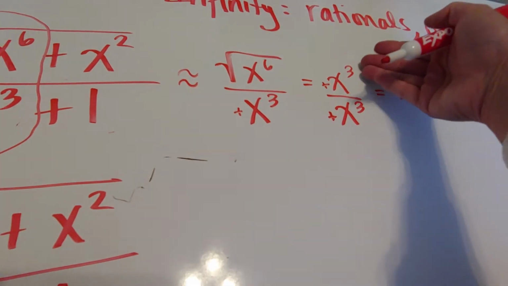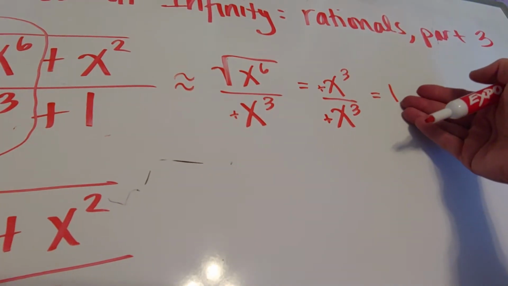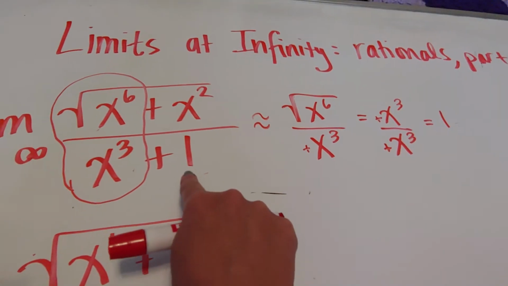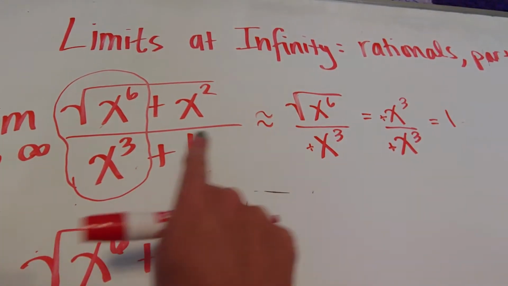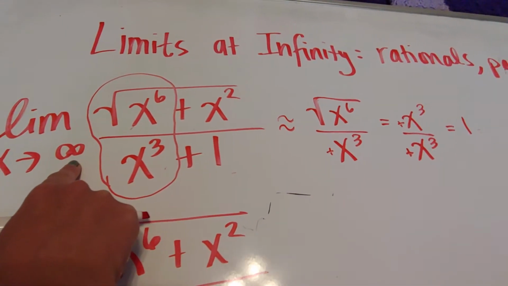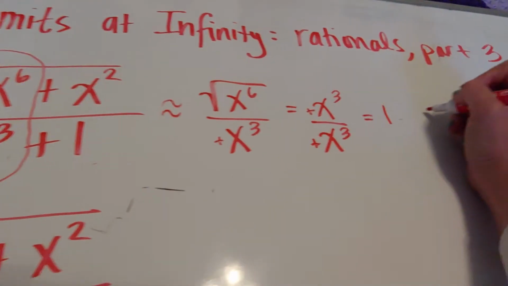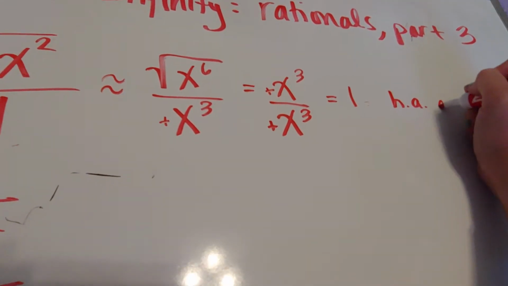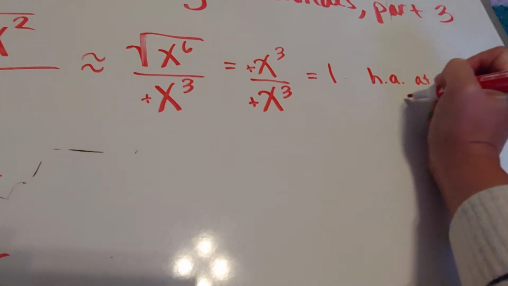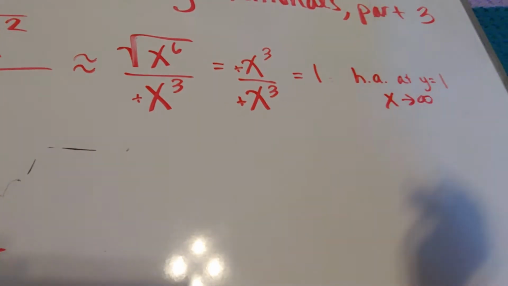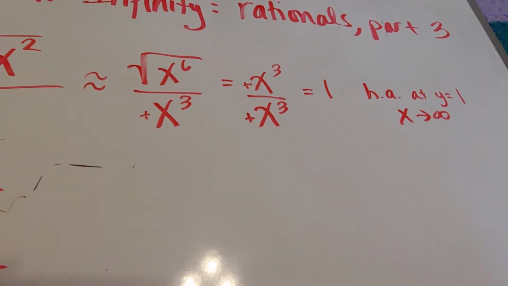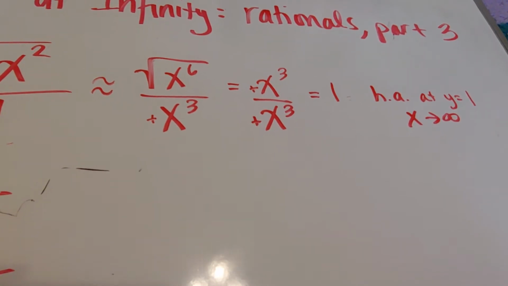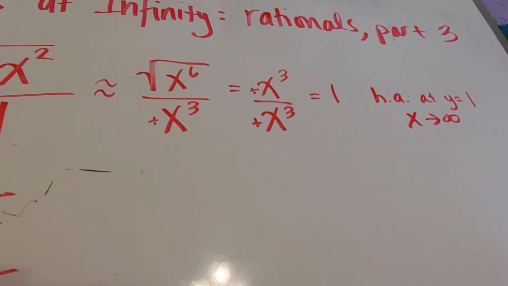So yes, a positive x cubed divided by positive x cubed is 1. If we were to graph this original function in Desmos and walk on it forever to the right, we'd see a horizontal asymptote at y equals 1 as I'm going to positive infinity. Seems kind of weird, but true.